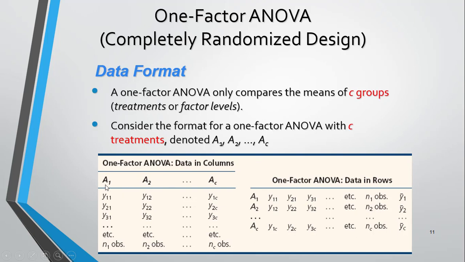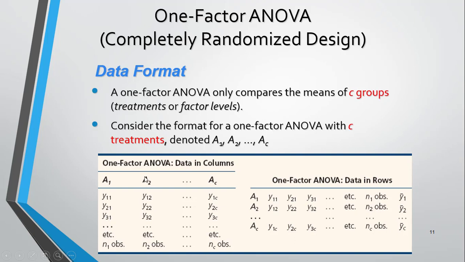A1, A2, A3, all the way to AC are the treatments, and then the observations in Y. For example, for the length of hospital stay, A1 could be facial bone fractures, and then you have the first patient with a facial bone fracture staying in the hospital for so many days, and another person, some other number of days, etc.